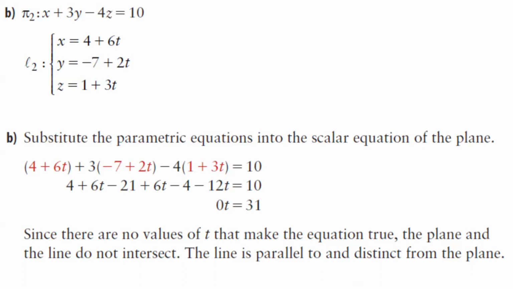Therefore, there is no solution for this equation. Since there are no values of t that make the equation true, the plane and the line do not intersect, because you can't find any single solution that satisfies the equation for the plane, right?